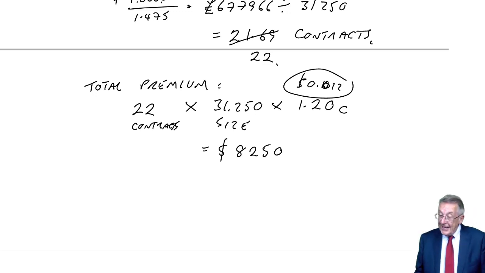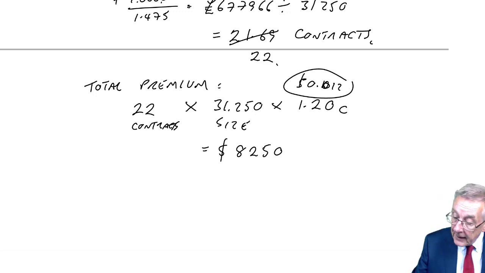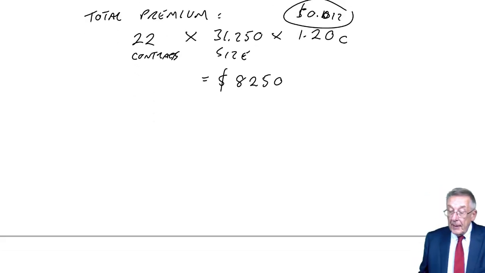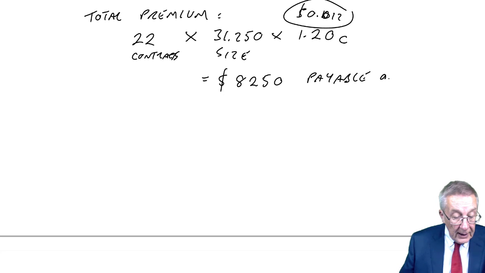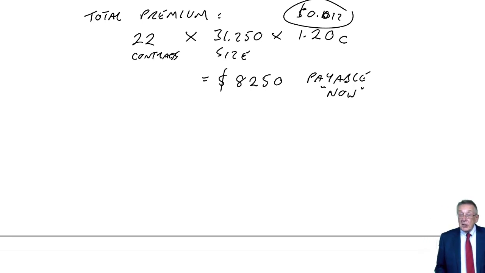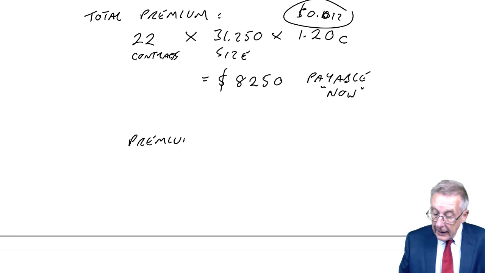All right, not there yet, I'm afraid, for part A. That's the premium we'll have to pay, but the premium's calculated in dollars. We're in the UK, and so we need to convert it to pounds. And what rate will we convert at? Well, remember, the premium is payable immediately. It doesn't say the date, but anyway, the premium is payable now. And so to calculate the premium in pounds, we'll convert at today's spot.